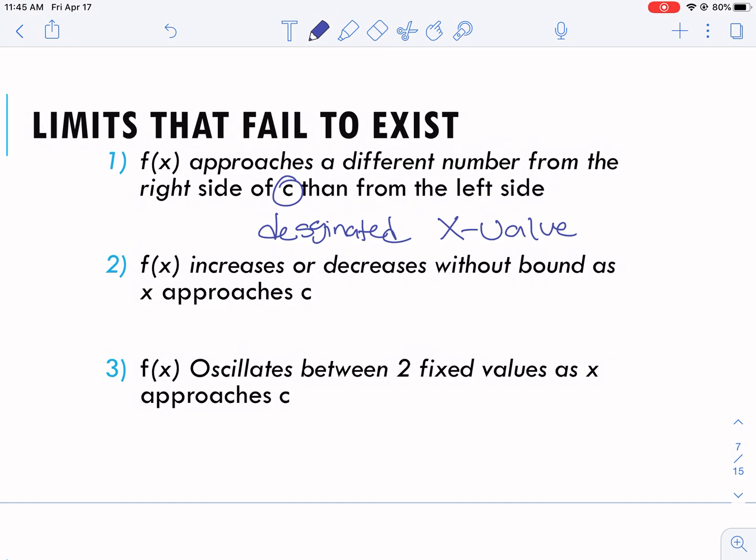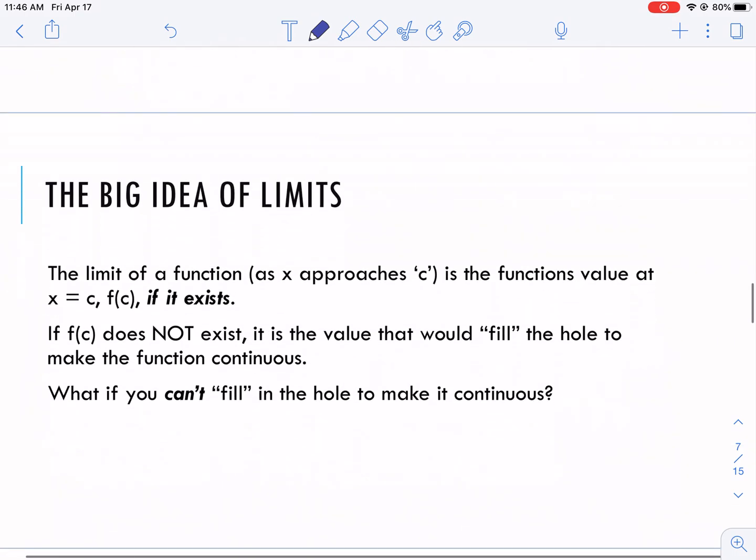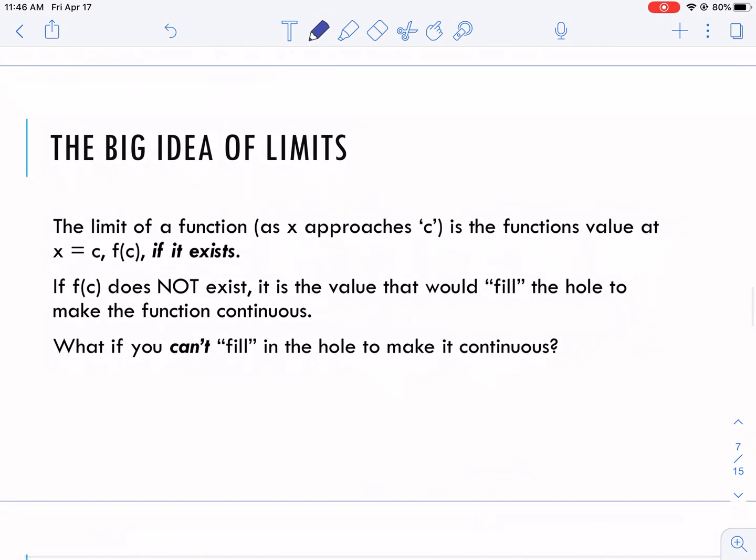Or if it is without bound, meaning it goes on forever, it's infinite, like that last example at 0, then it doesn't work. Or if it oscillates between 2 fixed values as x approaches c, then it does not work either. Okay, this is the one you're going to see most often, that it approaches a different number from each side.